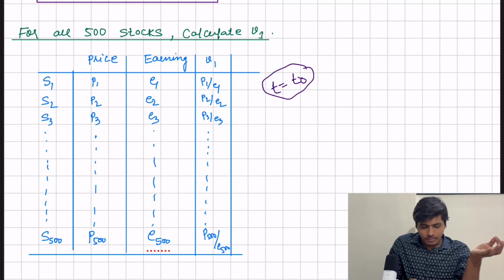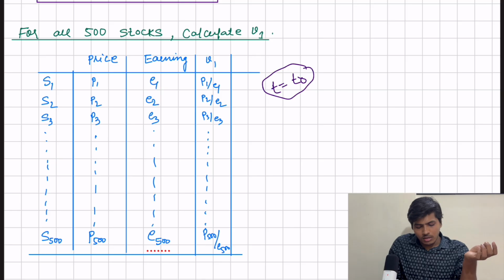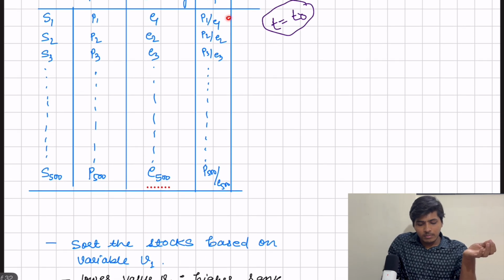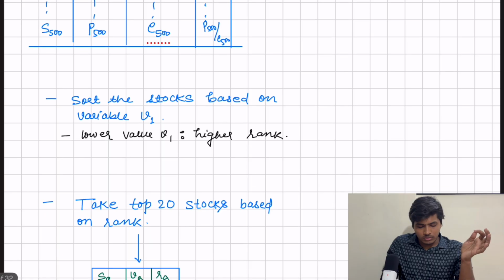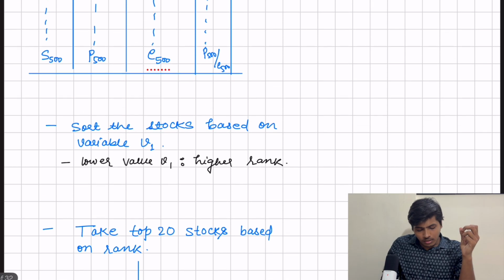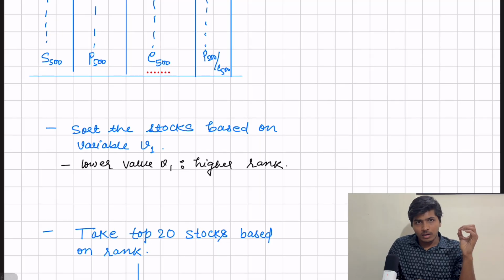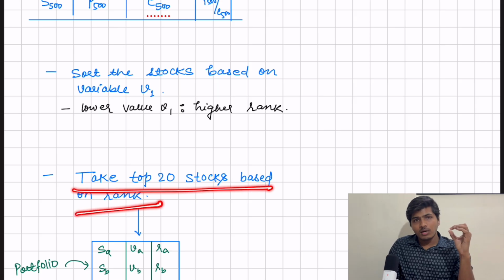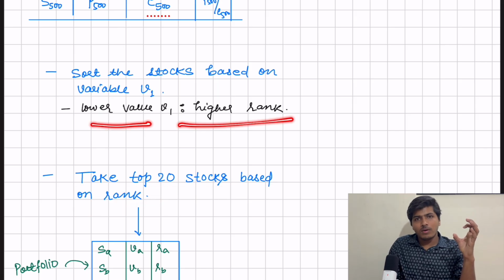We will have the price at that point in time and the earnings from the last quarters, and we will calculate the P by E ratio from P and E. Once we have the P by E ratio for all 500 stocks, we will sort the stocks based on variable V1, on this column. Once we have these sorted values, we will choose the 20 stocks whose rank is higher, considering that lower values have a higher rank.